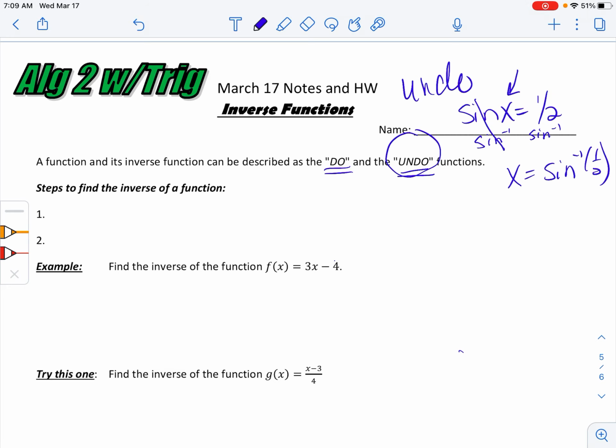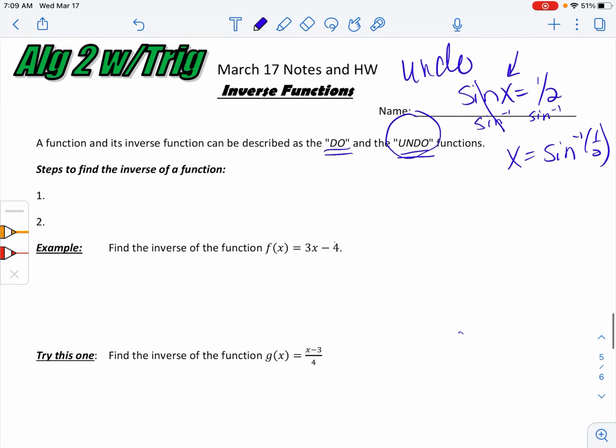What that means really for an equation, which I didn't talk about yesterday, is that the inverse of an equation, when you graph them, will actually be mirror images. 3x minus 4, so that would start down here like at -4. It'd go up 3 over 1, up 3 over 1, up 3 over 1. It would look something like this.